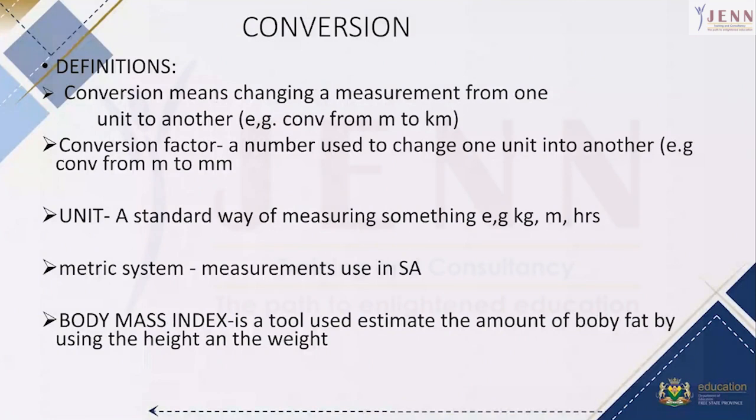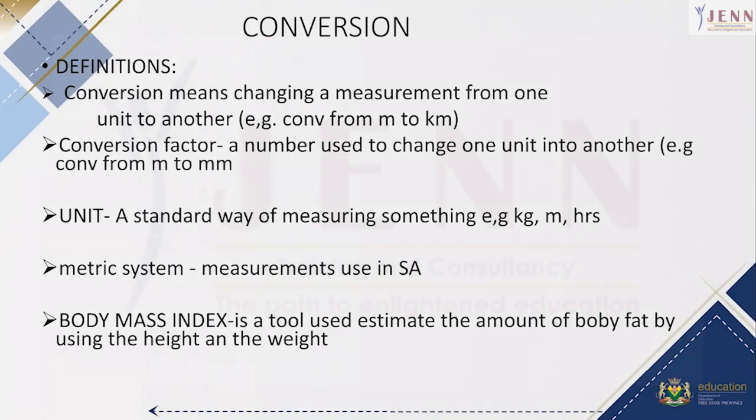We are going to focus again on a unit. What is a unit? A unit is a standard way of measuring something. Like we all know that it doesn't matter where I am, for me to convert from kilogram to gram, I will have to multiply by 1,000. Then we also have a metric system.